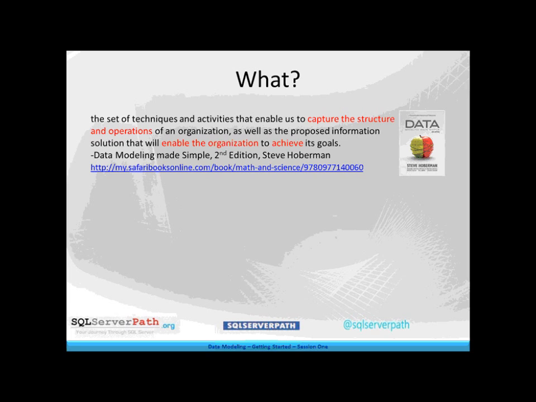And this book, Data Modeling Made Simple, was my first book, which I bought maybe five or six years ago. Now they have the second edition of this book, which is really helpful for you to understand what is meant by data modeling. According to this book, data modeling is nothing but a set of techniques and activities that you need to carry out in order to capture the structure and operation of an organization.